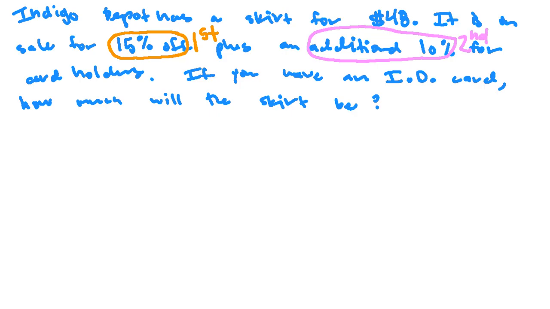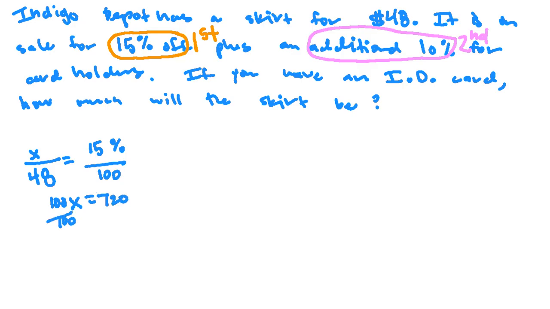So what we have to do, we're going to do part over whole. The whole skirt costs $48, and your first discount is 15% off. So let's see what that skirt will be after we take 15% off. 100x equals 720, divided by 100, divided by 100, x equals $7.20.